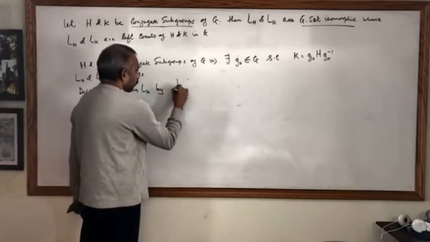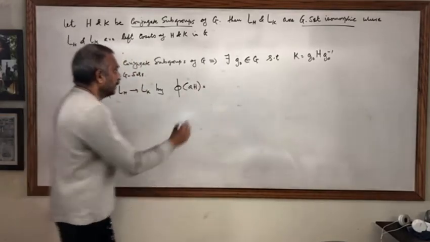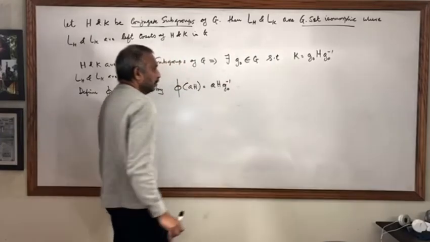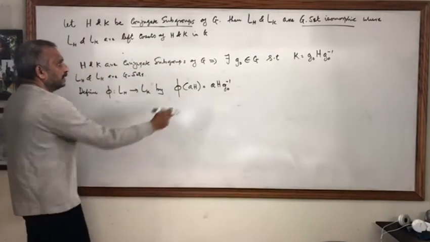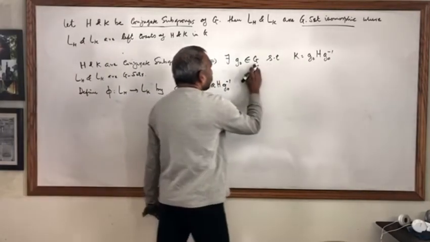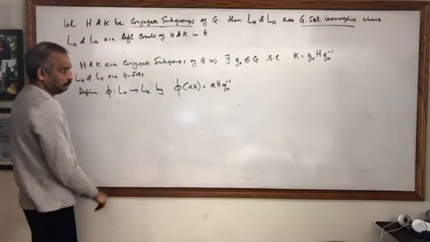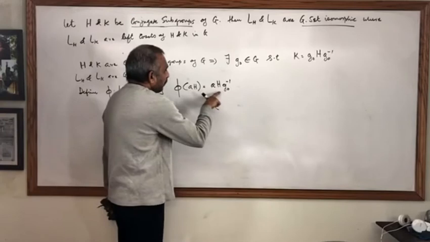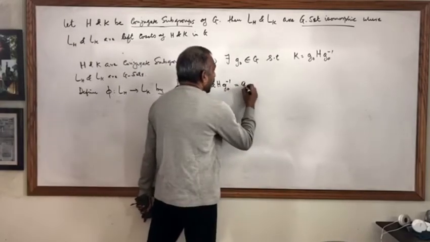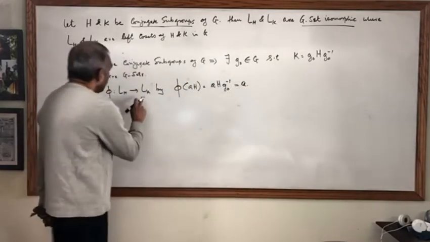So phi of AH is equal to AH G0 inverse, where G0 is the element from G that satisfies the conjugacy. This is well defined because, see, first of all, this is an element in LK.